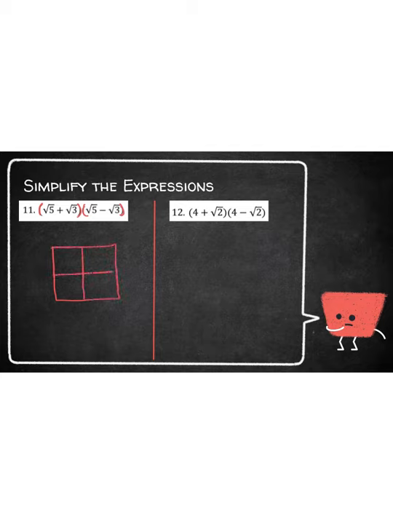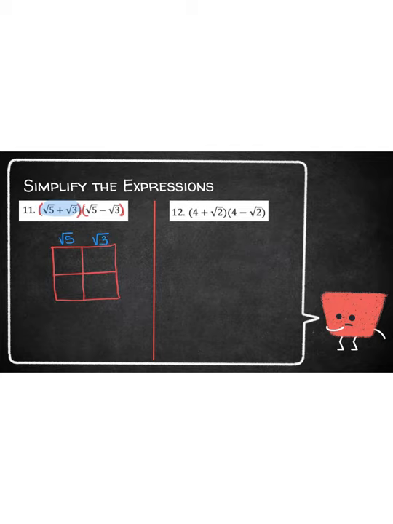And then across the top, let's do this first set. It doesn't matter if you go on the top or down the side, but I'm going to put that first set across the top. So I'm going to have a square root of 5 above this box and a square root of 3 above this box.